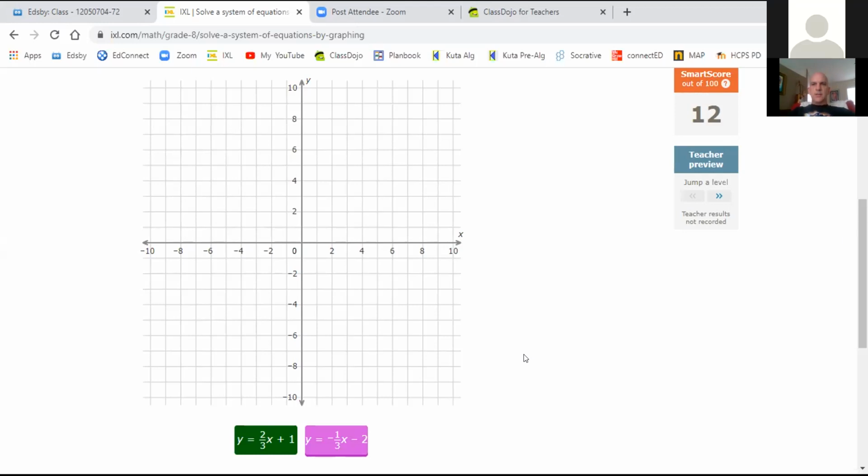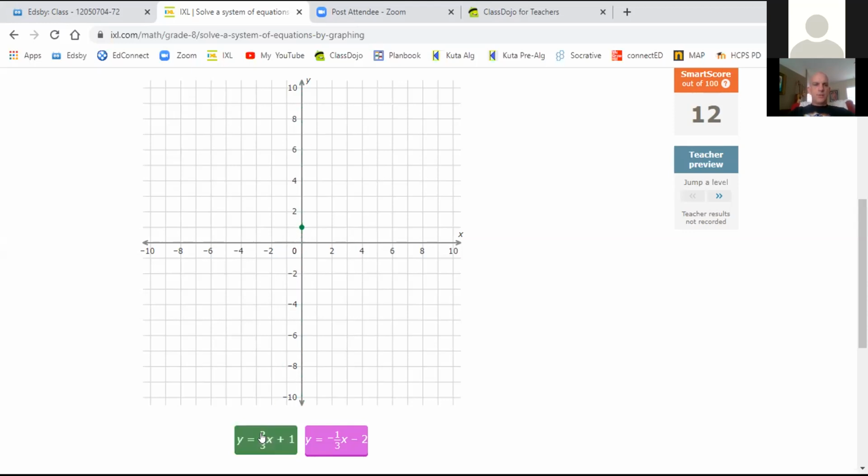All right, so let's see. Asher says that our y-intercept for that one is +1, and that is correct. So our y-axis there, right, that second number, this is slope-intercept. So the first number is slope, second number is our y-intercept. So that +1 will go there.